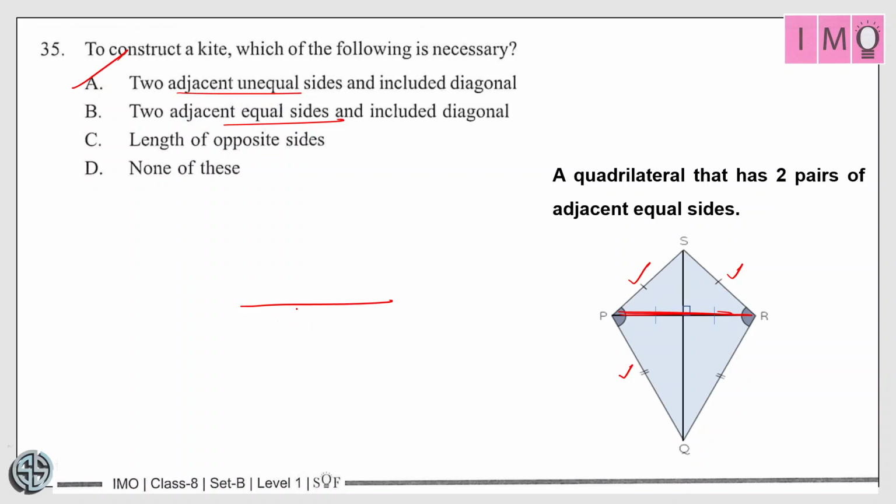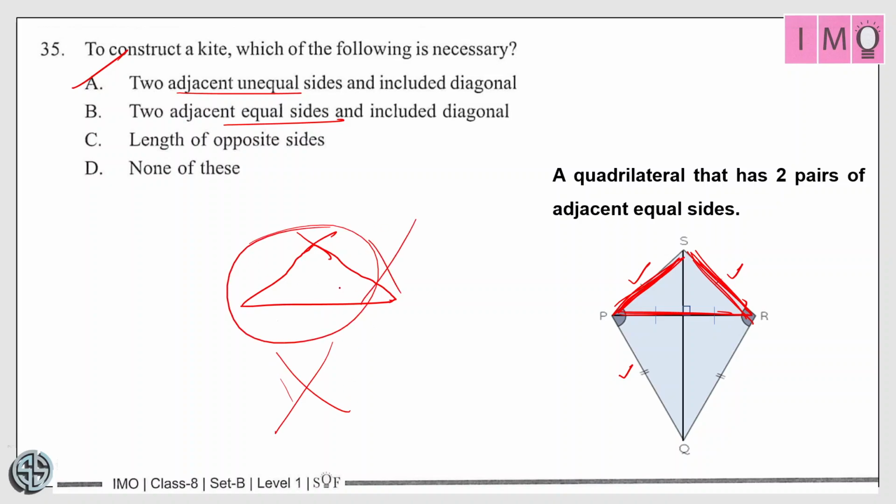So if we are given the included angle and these two adjacent equal sides, you can construct like this because PS and RS have been given, but you will form this triangle only. The other adjacent equal sides have not been given to us, so we cannot complete the rest of the figure. So this is a wrong option.